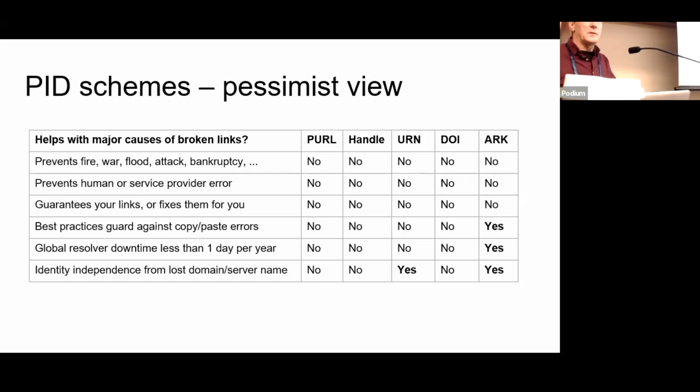There are some edge cases where some bad practices could be avoided. It's kind of like make sure your windshield wipers are working, and that'll reduce traffic accidents by 0.1% or something. So there are a couple of things that you could do. So consider not using PID schemes. That's a valid approach.